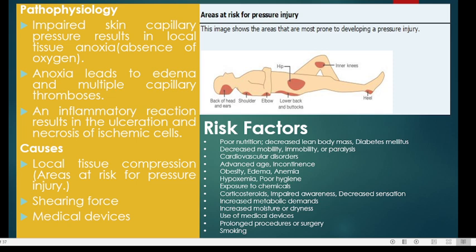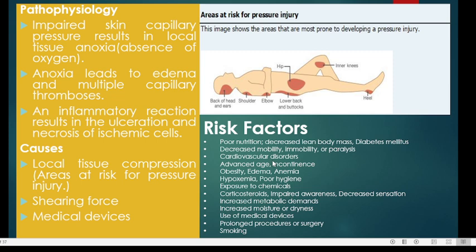What are the risk factors for pressure injuries? We say that it could be associated with poor nutrition or decreased lean body mass. Some of the pressure injuries have been associated with diabetes mellitus, decreased mobility, immobility, or paralysis.